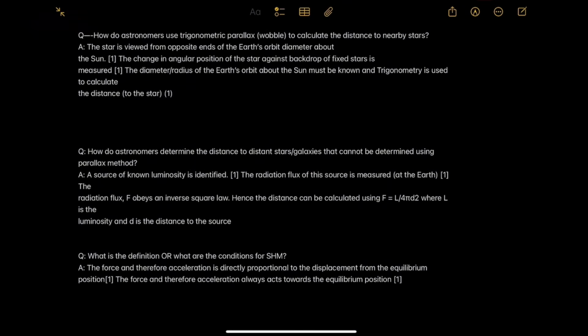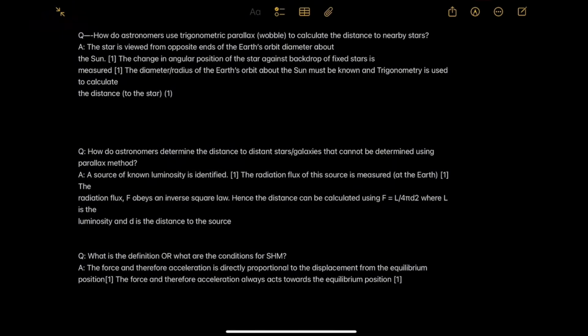If they ask how astronomers use the parallax method or trigonometric parallax to calculate the distance to nearby stars, then please write the first 4 points that I have written for you. And if they ask how astronomers determine the distance to distant stars, not the nearby stars, then write the second answer that I have written, which is also a 4 marks question.